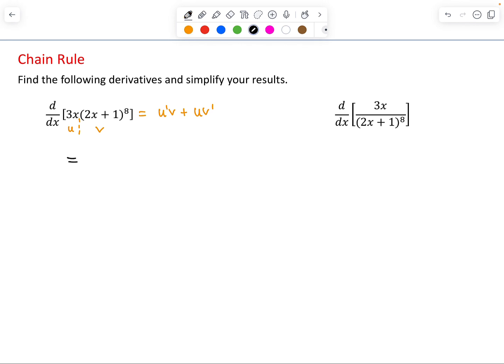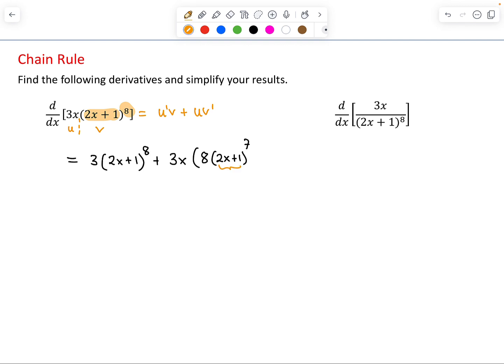So in this case, the derivative of u is the derivative of 3x, which is just 3, and then times v, undifferentiated, and then plus u, undifferentiated, which is 3x, and then times the derivative of v. v is a function to a constant power, so I use the generalized power rule just to get v prime. So that 8 will drop down as a coefficient, the 2x plus 1 will repeat, the new power will become 7.